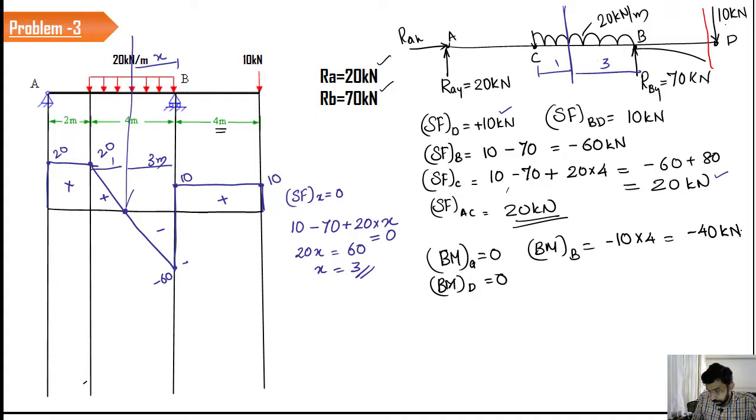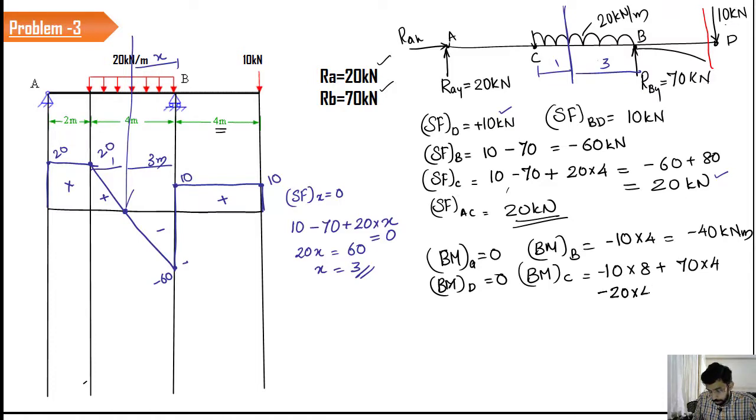So the value is minus 40 kilonewton meter. Now the bending moment at C is equal to minus 10 into 4 plus 4, 8, plus 70 is going to create a sagging effect. So 70 into 4. Now we have to consider the UDL. That is going to create a hogging effect.